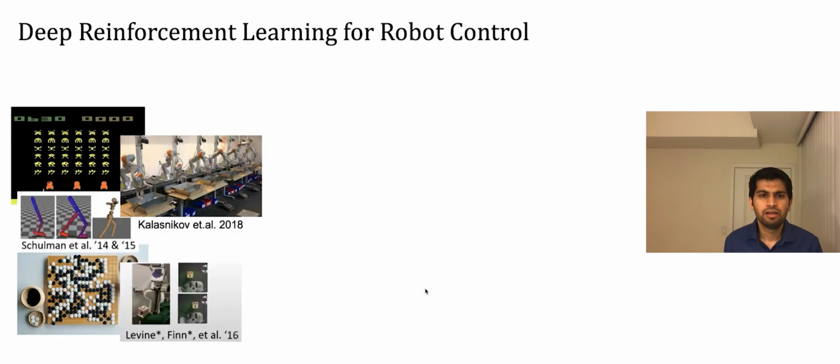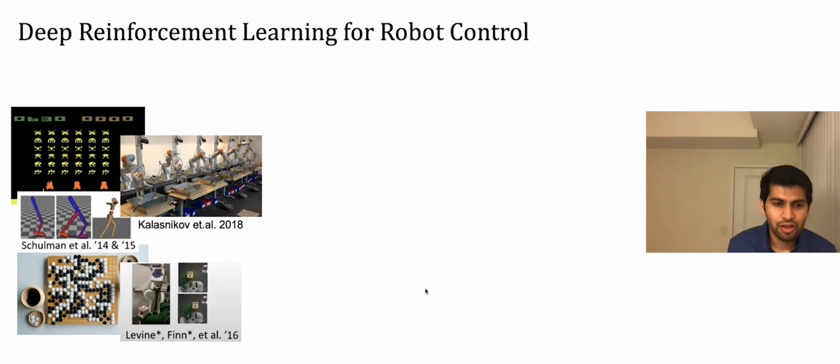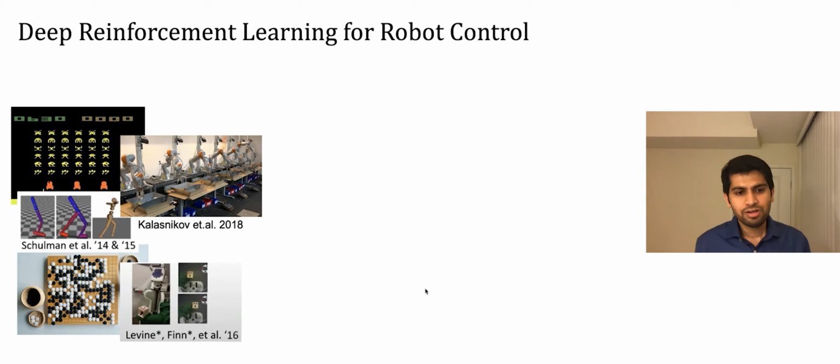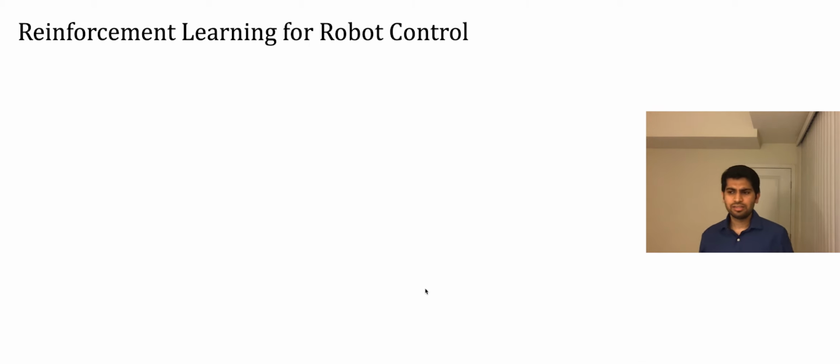So let's look at deep reinforcement learning and see how much promise it holds for this kind of task. Well, it has been very successful across different labs in the world in solving particular tasks on their robots separately. But how well does it generalize? Well, in fact, what we have found is that reinforcement learning approaches are really hard to generalize. And this is a known fact.